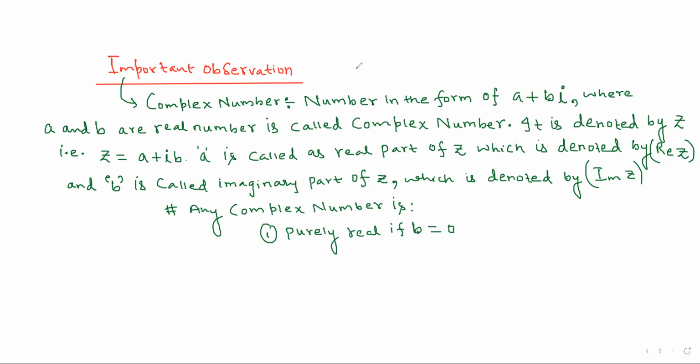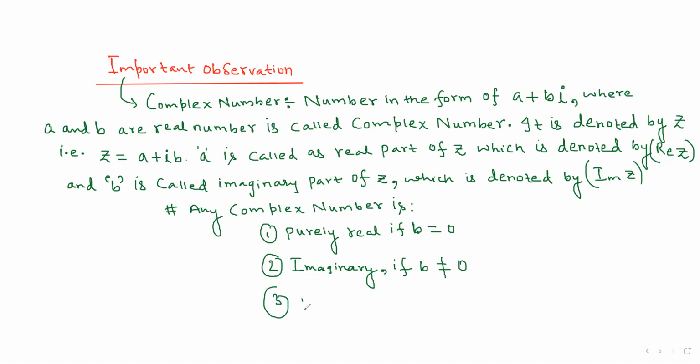Guys, just consider, if b is equal to 0, iota into b is totally 0 and only the a part is available. So purely real if b is equal to 0. Imaginary if b is not equal to 0.